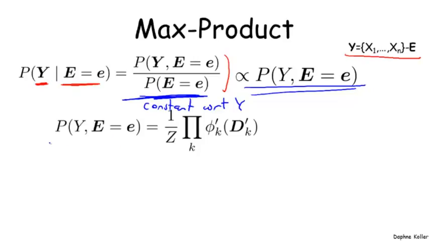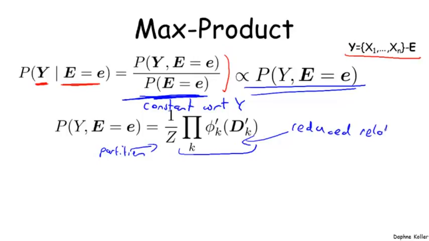This numerator, in the general case, is a product of factors normalized by the partition function, where the factors here are the reduced factors, reduced relative to the evidence. Once again, we notice that this is the partition function, and it's constant relative to Y, which means that we can ignore it.